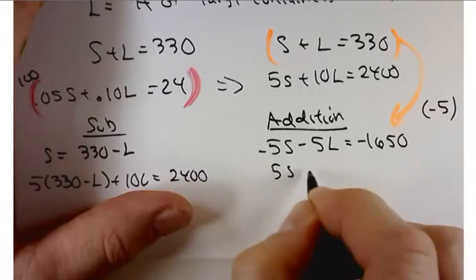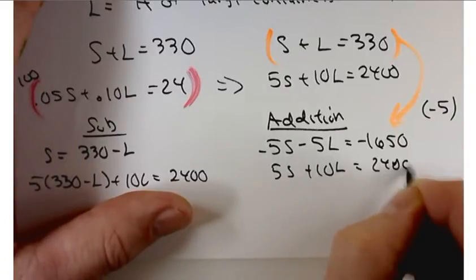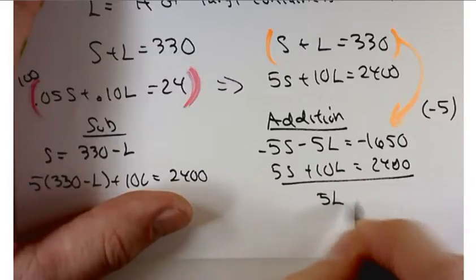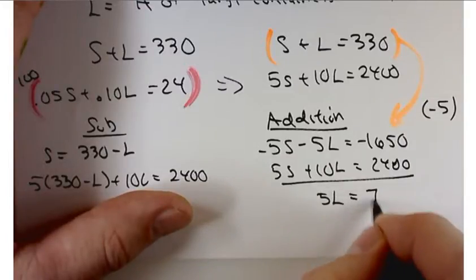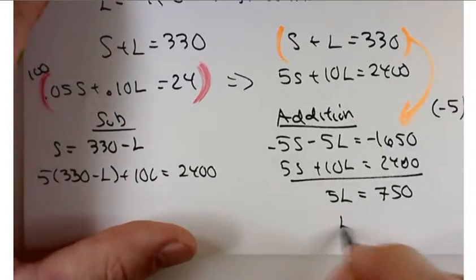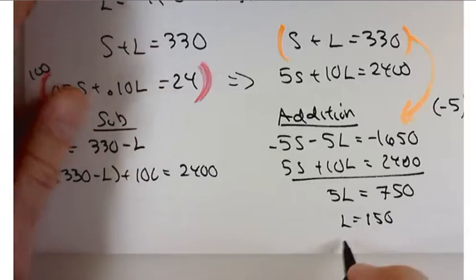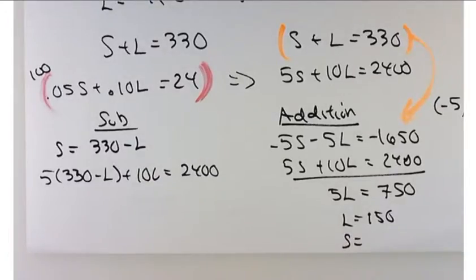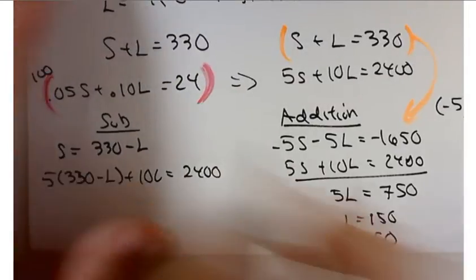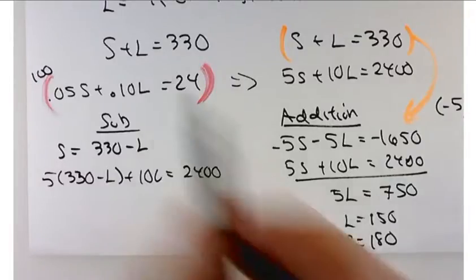Add to 5s plus 10l equals 2400. 5l equals 750. So L equals, it'd be what, 150. And S turns out to be 180. And you get that by substitution, substituting this back into, say, here.